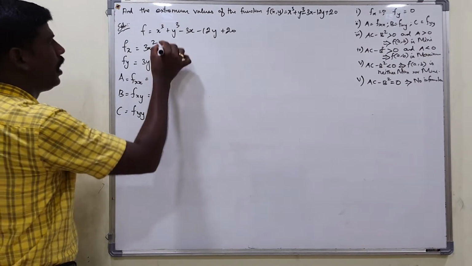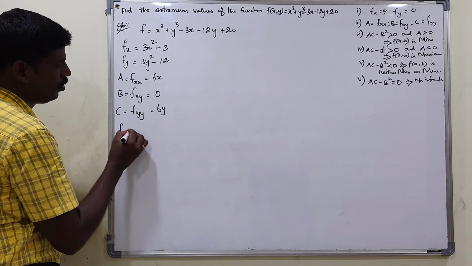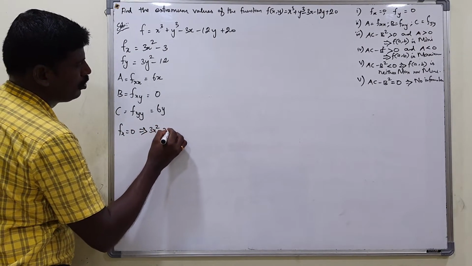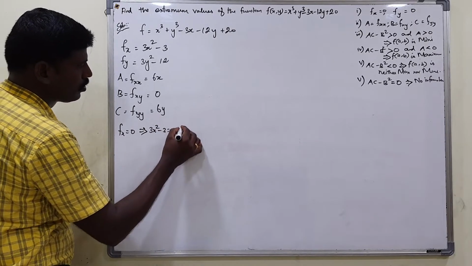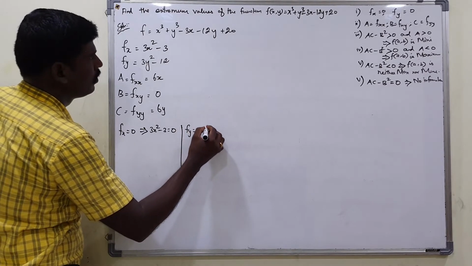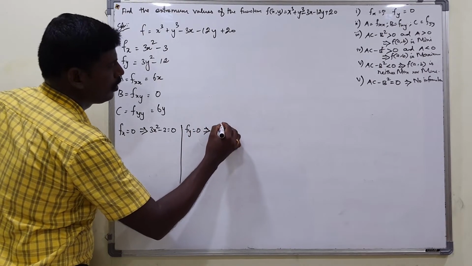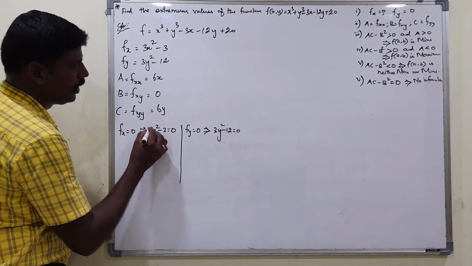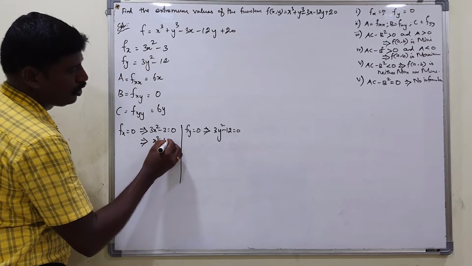Now I am going to equate fx equal to 0, which implies 3x square minus 3 equal to 0. And also fy equal to 0 implies 3y square minus 12 equal to 0. Dividing by 3, x square minus 1 equal to 0.